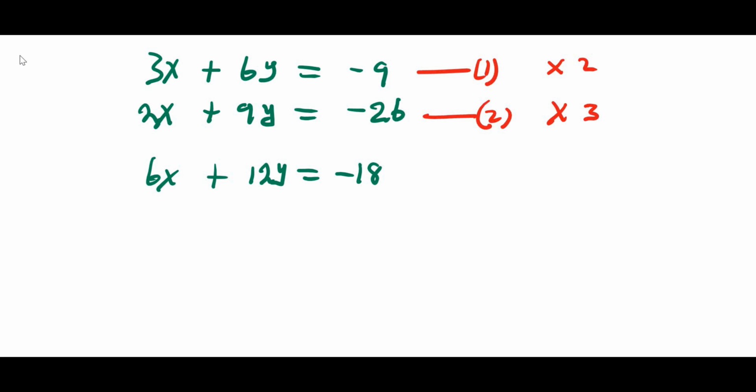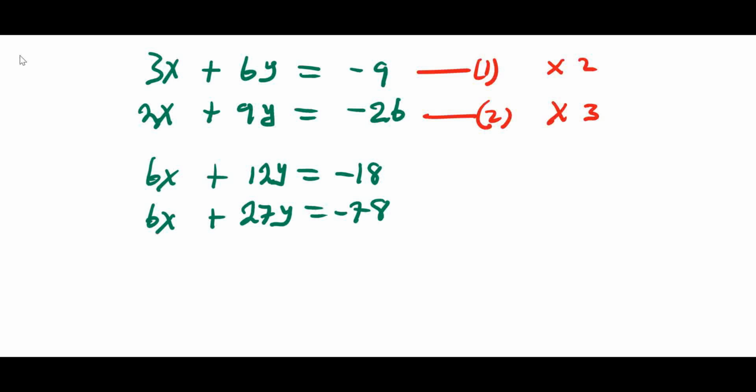So 3 times 2x will give us 6x, and 3 times 9y will give us 27y equals to 3 times -26. 3 times 6 is 18, you write down 8, carry 1. 3 times 2 is 6, and this will give us -78.